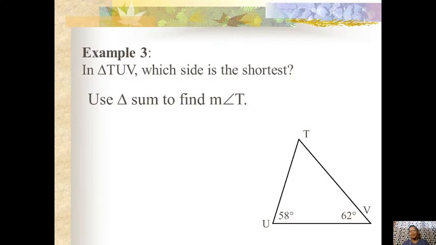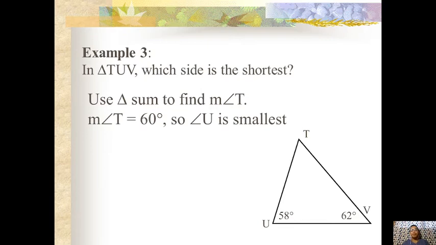If we add 58 degrees and 62 degrees, it is equal to 120 degrees. So subtract 120 from 180. Therefore, the measure of angle T is 60 degrees.